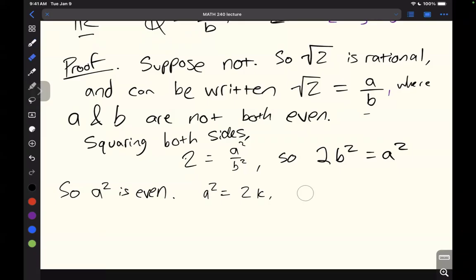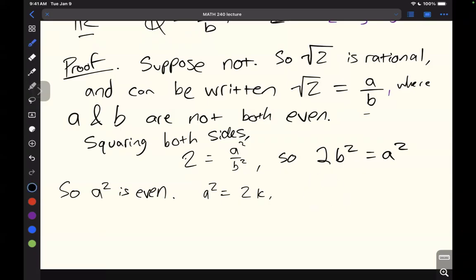But let's think of like 2 squared is 4, 3 squared is 9, 1 squared is 1, 5 squared is 25. So I think that we should be able to say that a is even.